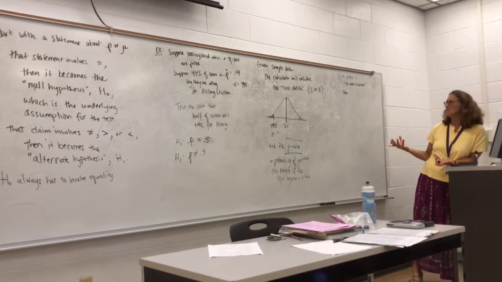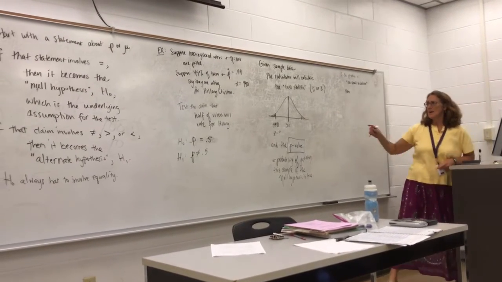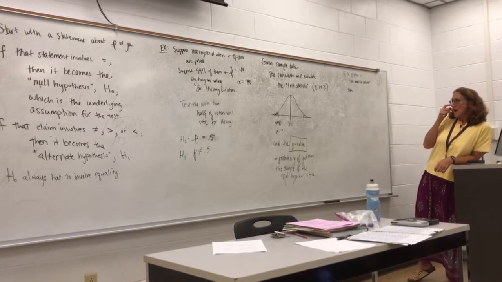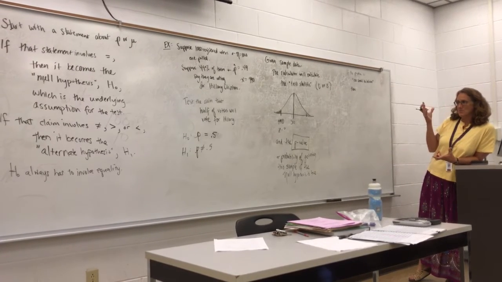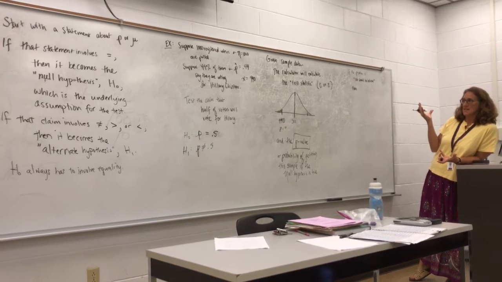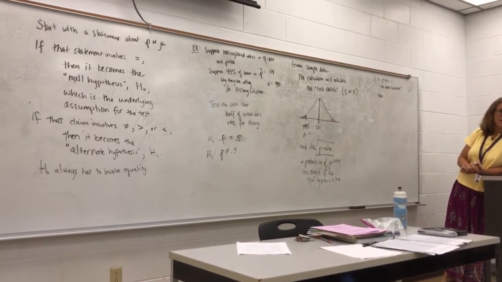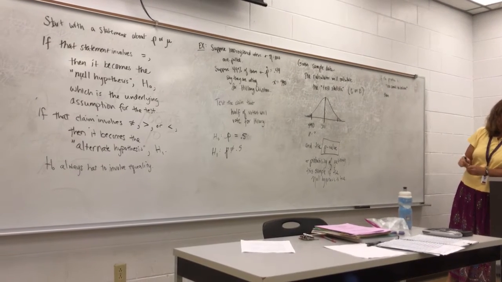If the p-value is really, really small, that would say this is really far off the distribution, and that is so unlikely that we must have been wrong in our original assumption. It's that rare event rule for statistics.